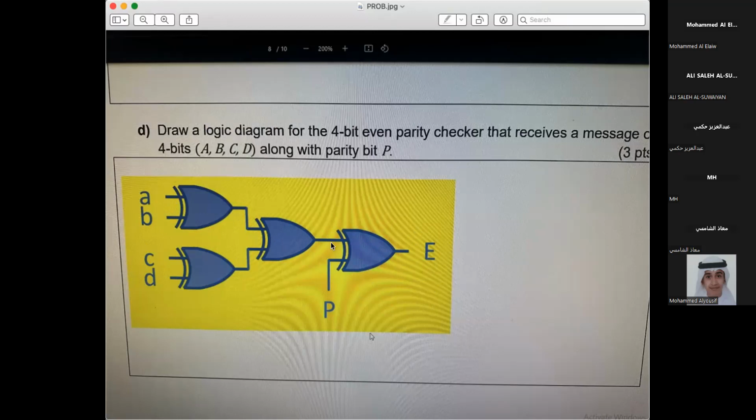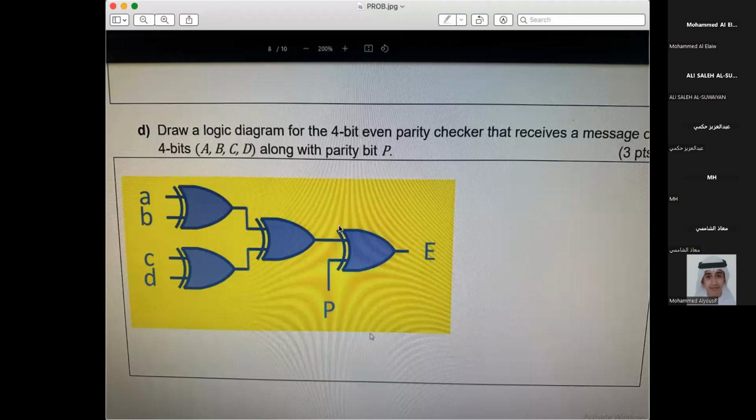So why is this correct? Because this, up to here, will generate the even parity for A, B, C, D as perceived by the receiver or the parity checker. So now the receiver has a calculated parity bit that it will compare with the received parity bit using the XOR gate.